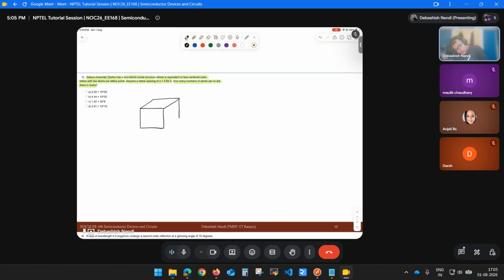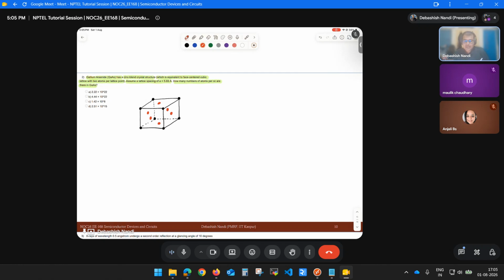In face-centered cubic, I'll have atoms at the corners, and then I'll have atoms at the faces, right?